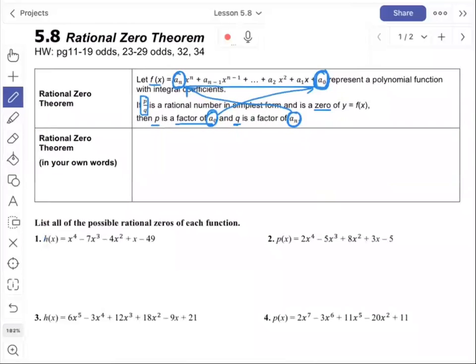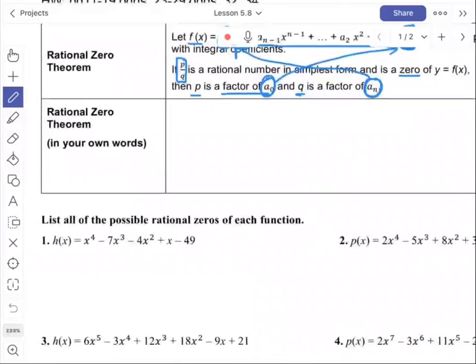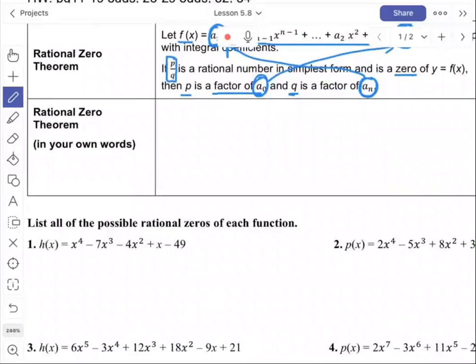So in our own words, to find all possible rational zeros, step 1 is to find all factors of the constant. And what I mean by the constant of the polynomial is the number without a variable.